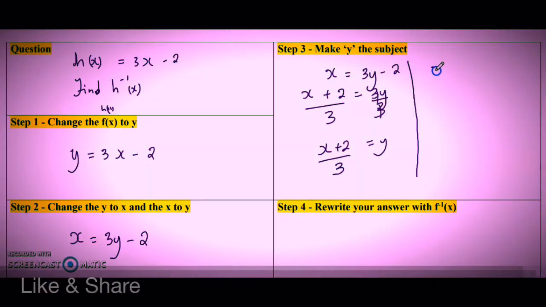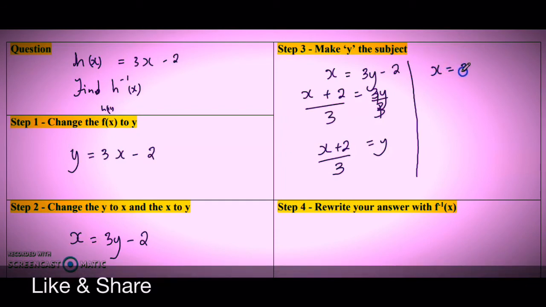The same question can also be done another way, just to clarify for individuals. Let us say you have negative 3y is equal to negative 2, and this x would now become negative x. If this is what you're working with, you would go ahead and divide by negative 3 on both sides.